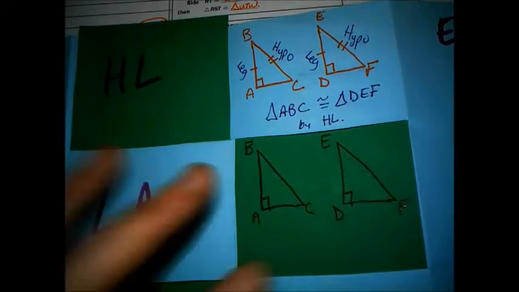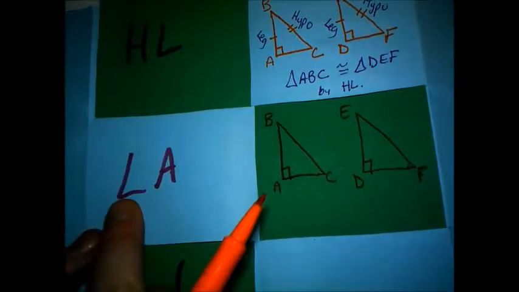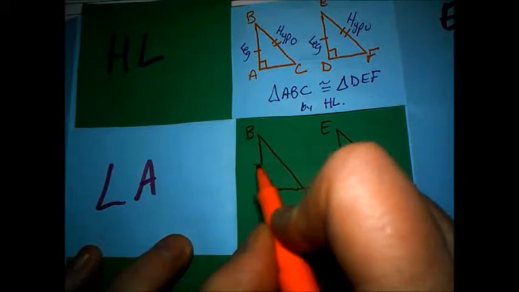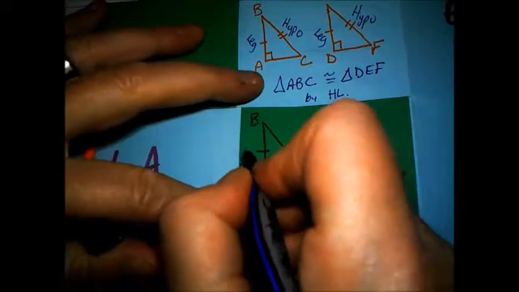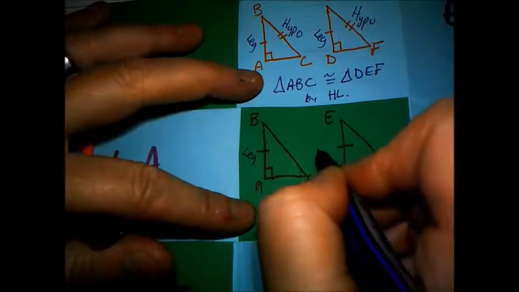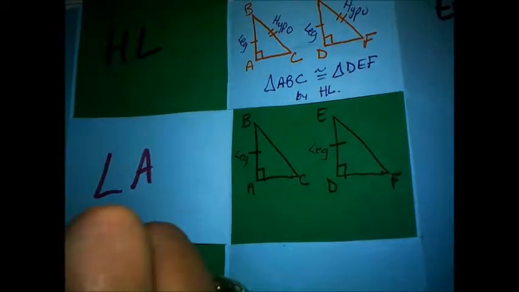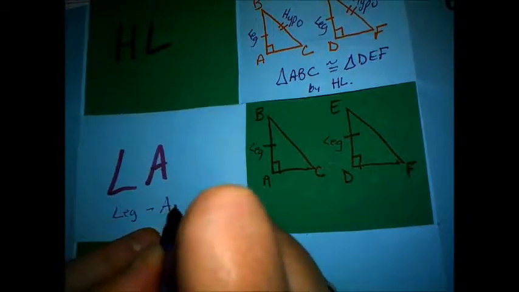I have the same triangle from above, but this time I have an L and an A. The L means a leg, so pick a side, doesn't matter which, but make sure it's corresponding. That'll be my leg. And then the A stands for an acute angle.